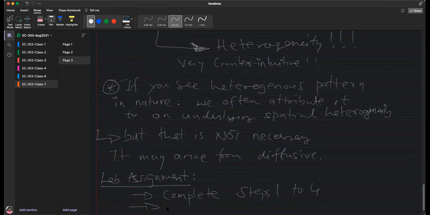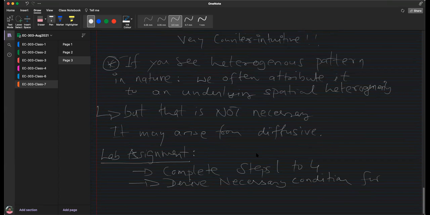Derive the necessary condition for instability with the diffusion.